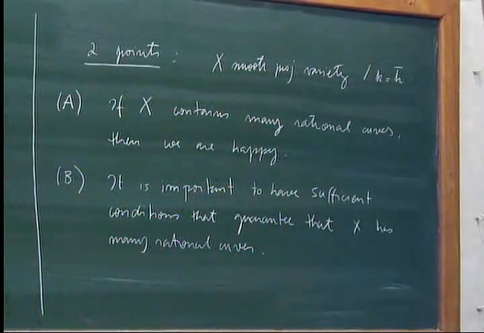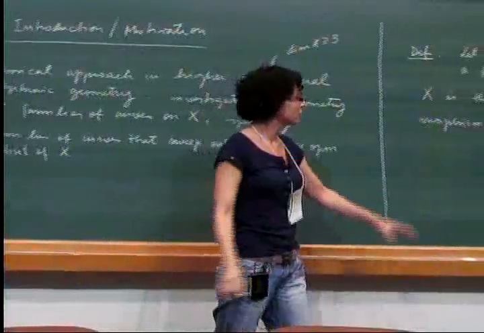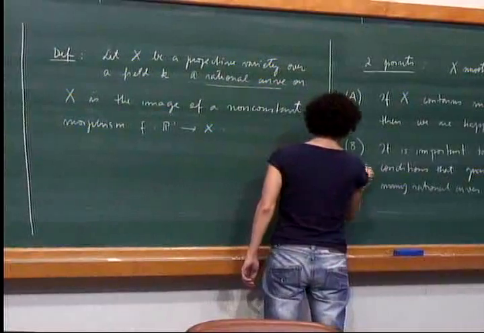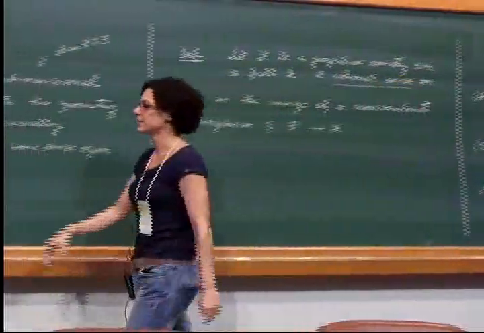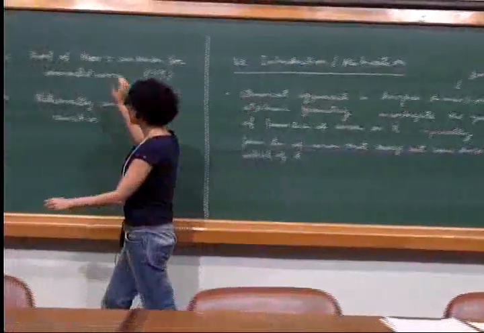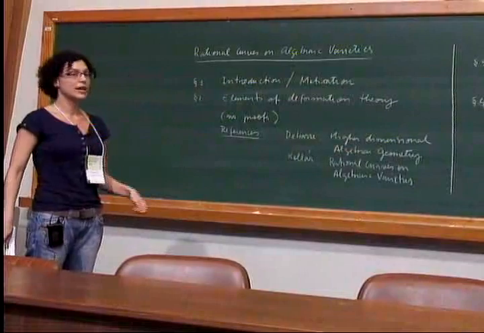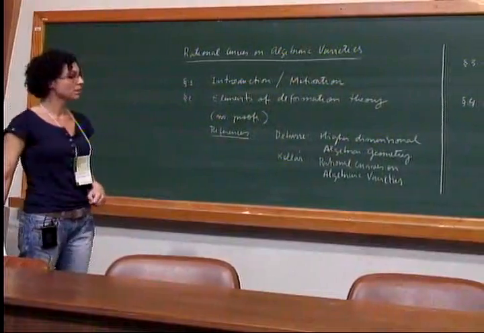And I should say that for most of this mini course, we will be dealing with point B. For instance, this third part, Mori's criterion, is exactly a geometric sufficient condition for a variety to contain many rational curves.